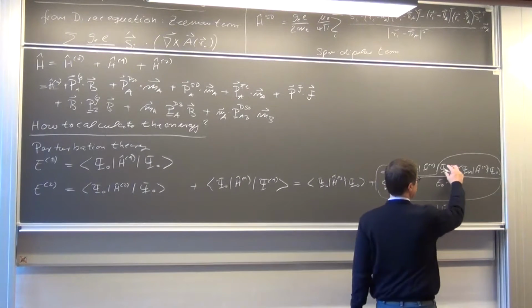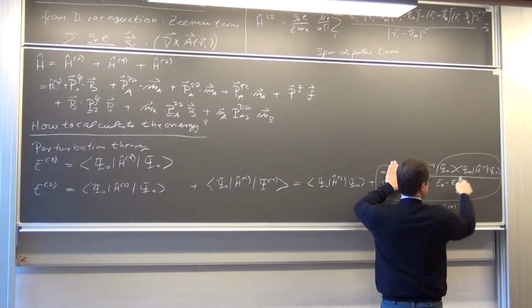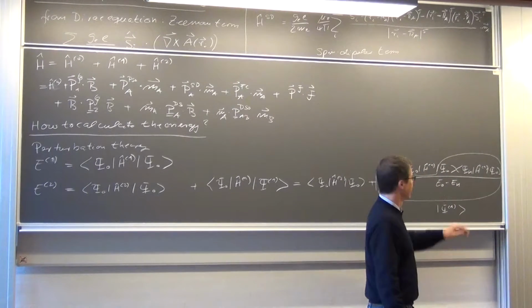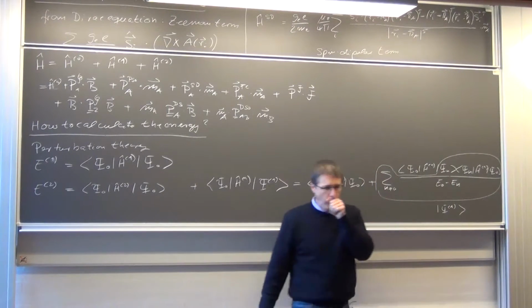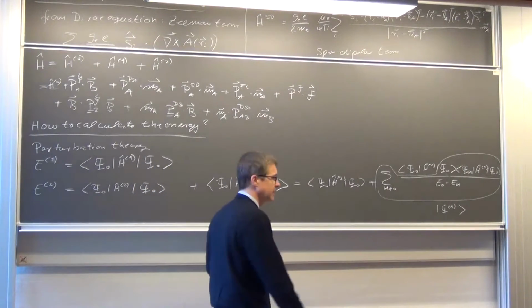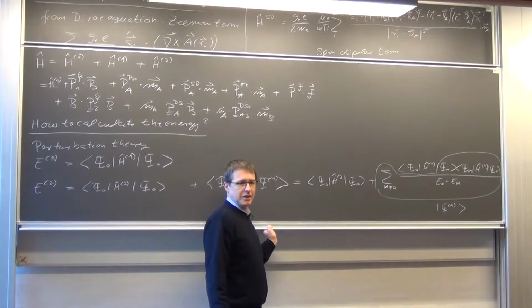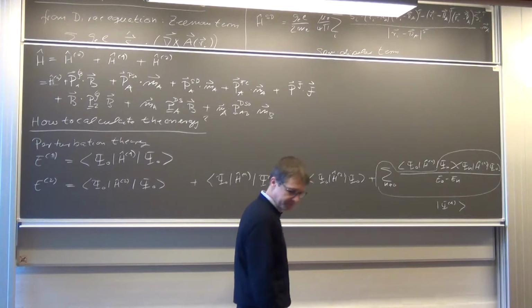And essentially, if I take this out, the rest is the coefficient of that zeroth order basis function in the sum here, which I think I called C1n or something like that last week, first order coefficient.